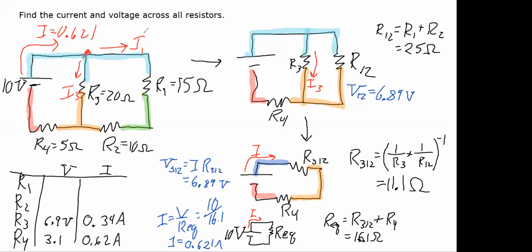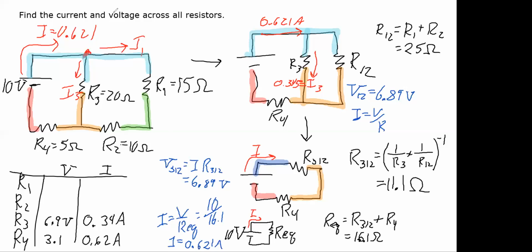Okay. So I have my voltage for the R12, and I also need current. You could either use Ohm's law right here, I equals V over R, or we could just use logic here, the junction rule. If I have 0.621 amps this way, and I just calculated I3, so I3 was 0.345.